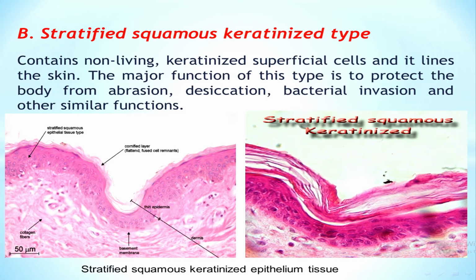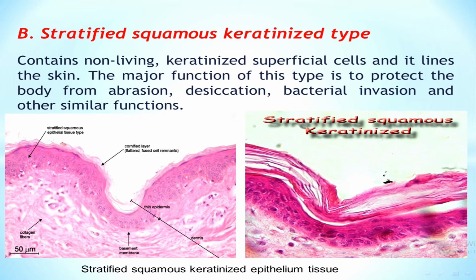The second one, stratified squamous keratinized type, contains non-living keratinized superficial cells and it lines the skin. The major function of this type is to protect the body from abrasion, desiccation, bacterial invasion, and other similar functions.